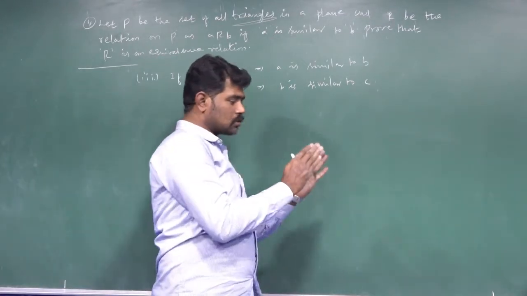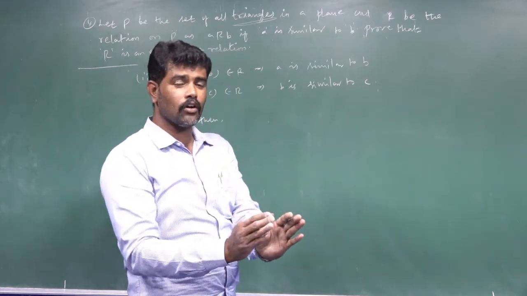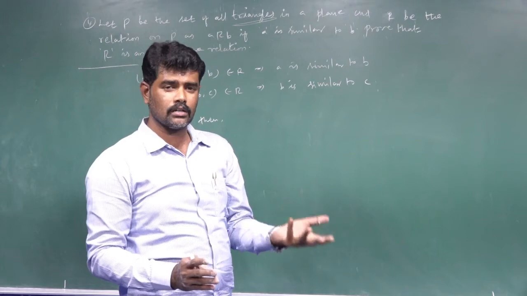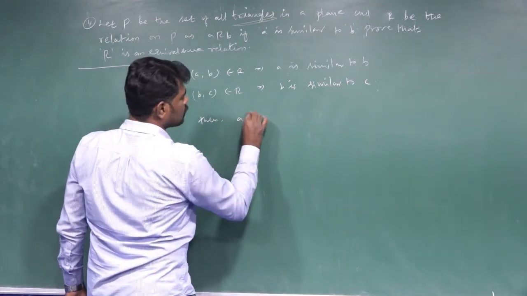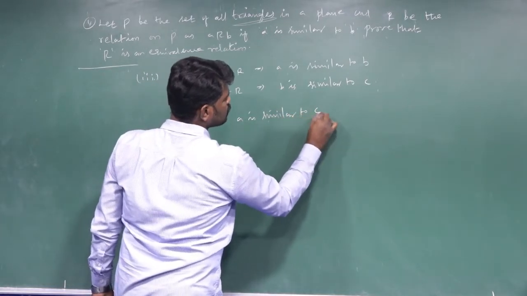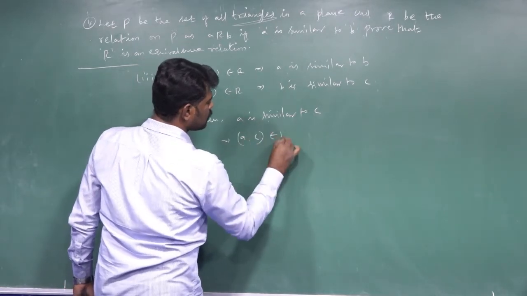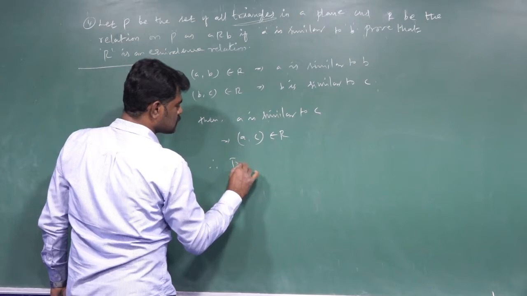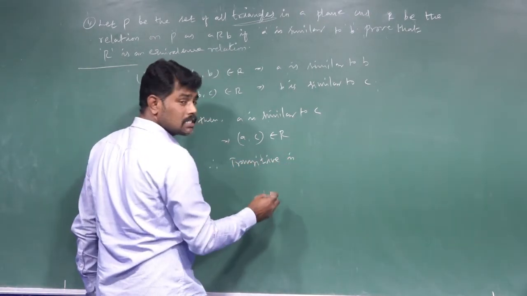Triangle A is similar to triangle B. Then triangle B is similar to triangle C. Then can we say that triangle A is similar to triangle C or not? It is similar only. Then A is similar to C. This implies the pair A comma C also belongs to R. Therefore, transitive is true.